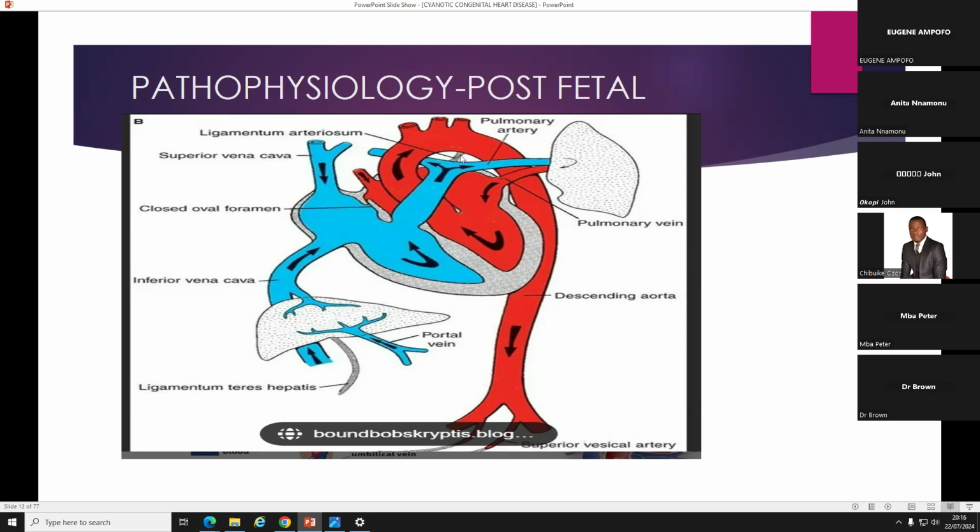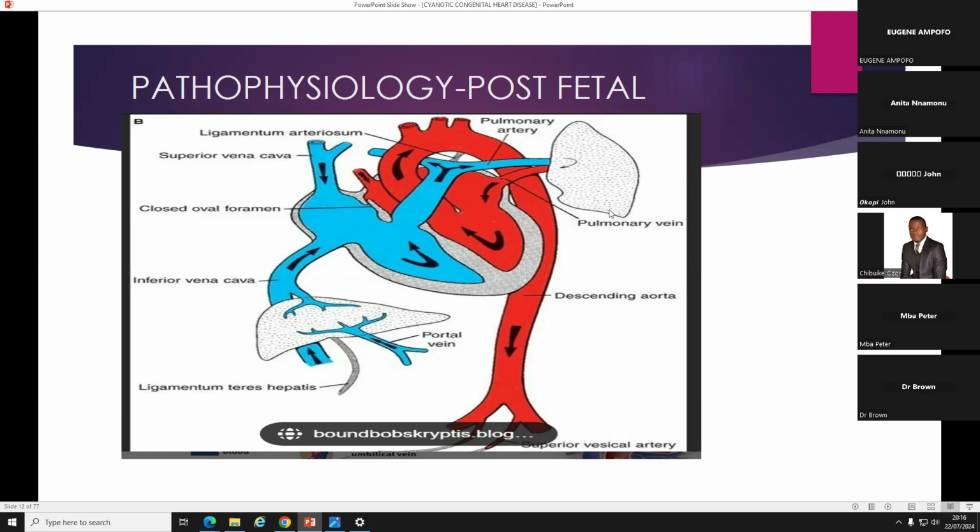The ductus arteriosus should close, forming the ligamentum arteriosum. Therefore, there should be no connection between the right and the left side of the heart, preserving both the pulmonary and systemic circulations without pathological shunting, thereby preventing cyanosis and circulation of deoxygenated blood where there should be oxygenated blood.